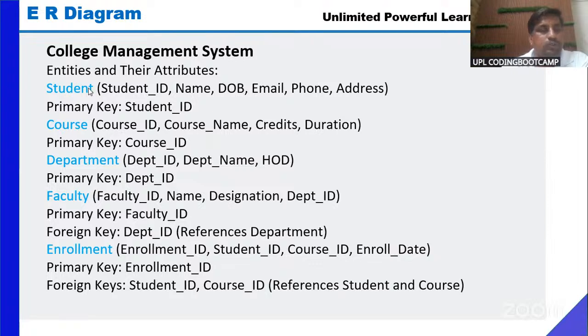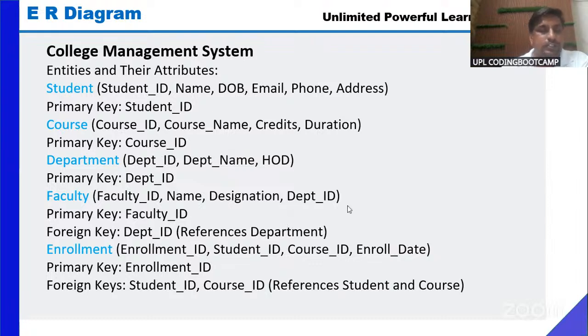Department: a student enrolls for the course in a particular department, maybe physics, chemistry, mathematics, or computer science department. So department ID, department name, and maybe HOD or a location we can show. Similarly, faculty: name, designation, and belongs to a particular department. The computer science teacher will belong to the computer science department.